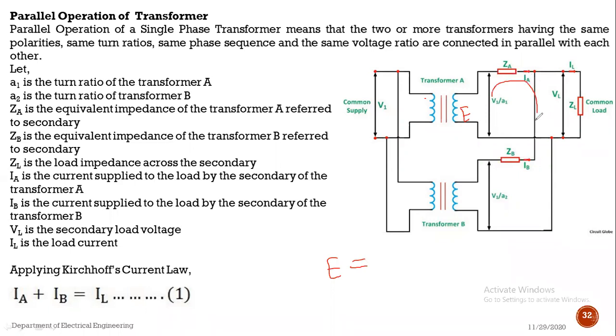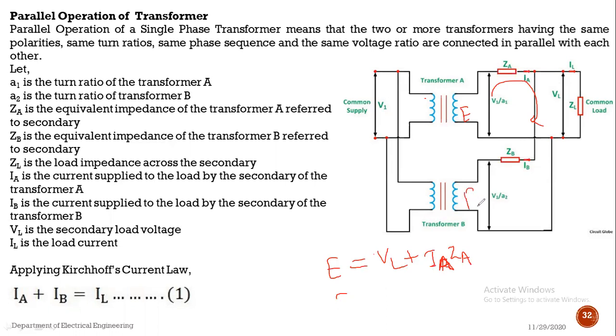See, याला जर KVL अप्लाय केला, एका लूपला जर मी KVL अप्लाय केला, E is equal to V2, this voltage drop, or we are representing here VL, plus the drop due to impedance, that is IA into ZA. Okay, so E is equal to VL plus IA into ZA.